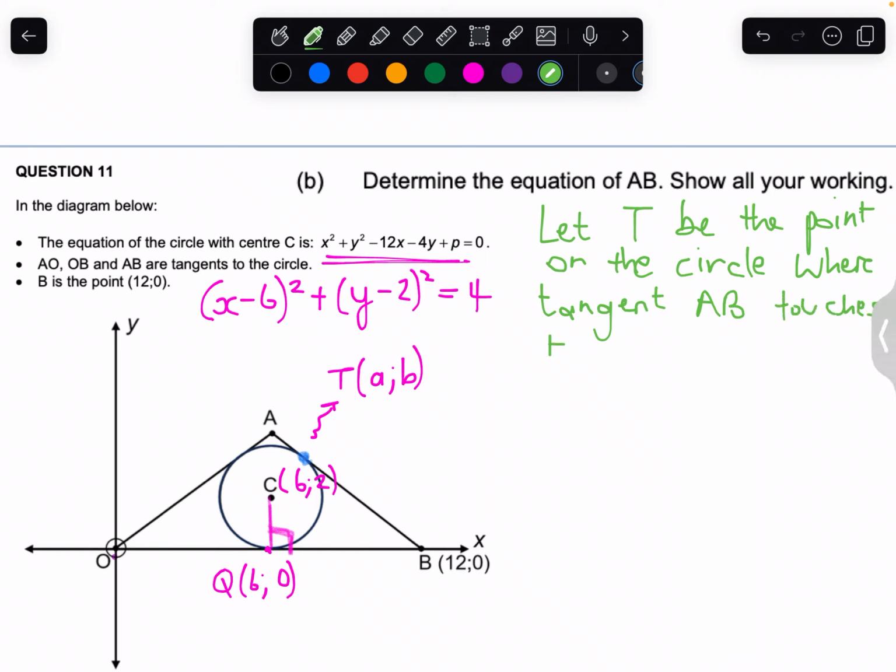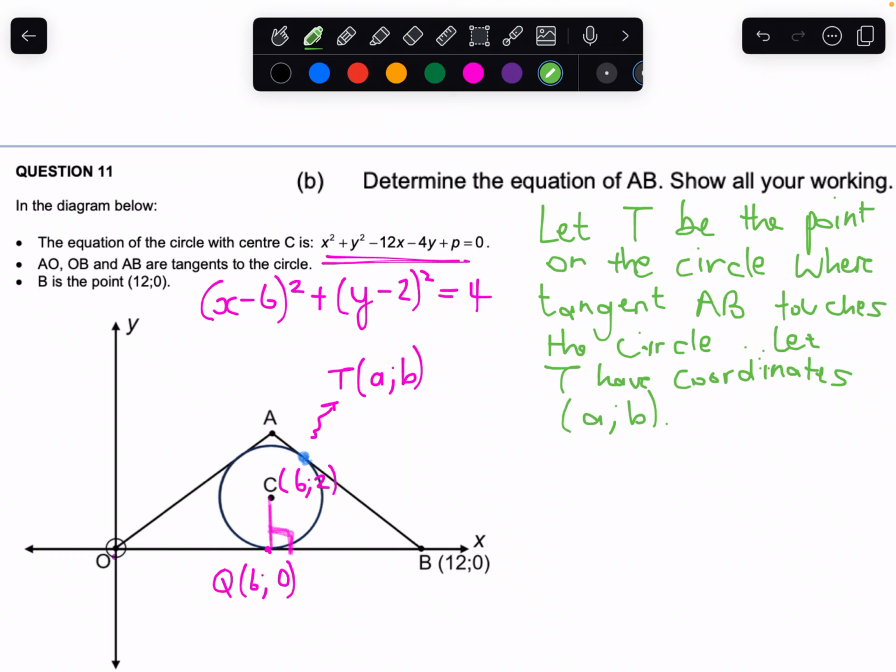It's not a great sentence, but yeah. Okay. Let T have coordinates (a, b), right? So then we know 3 things about T.